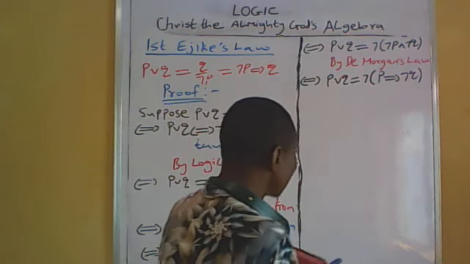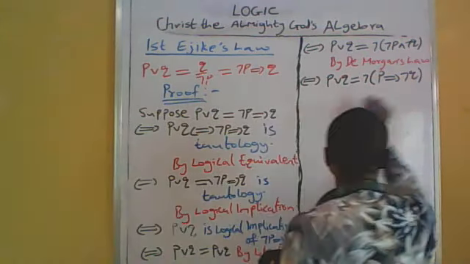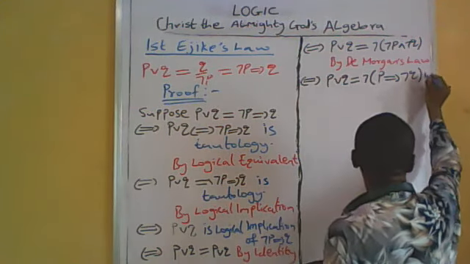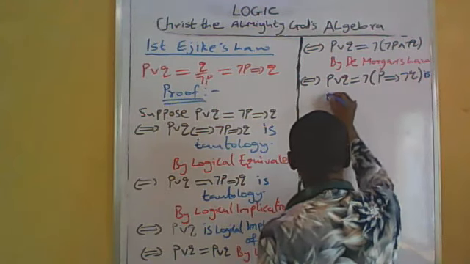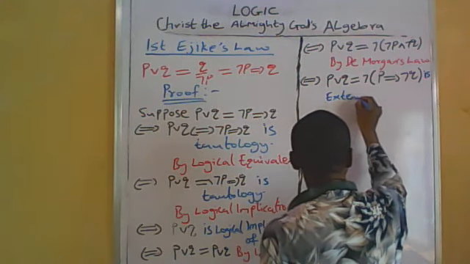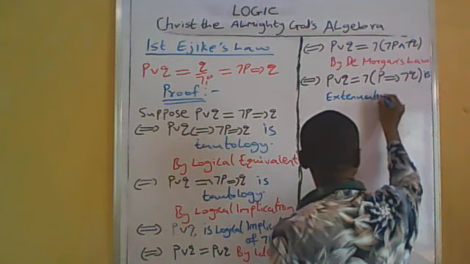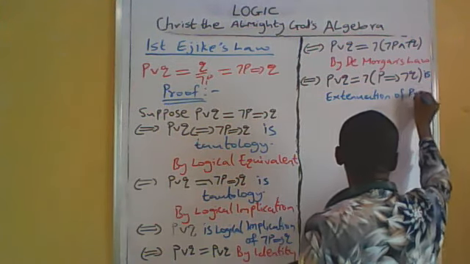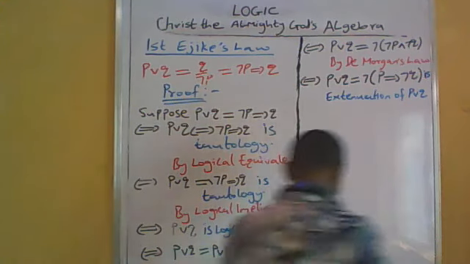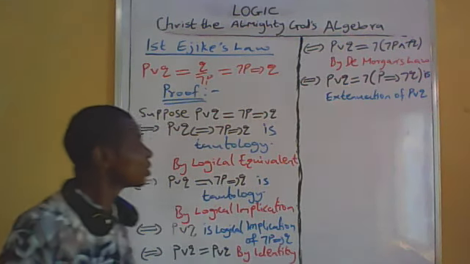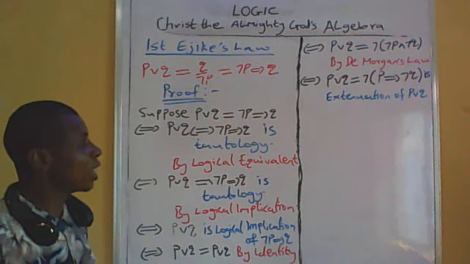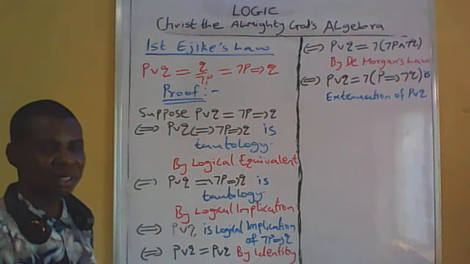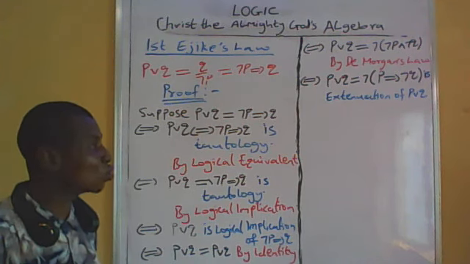So we call it extenuation of P or Q. That means not bracket P implies not Q is decreased in value, is microcosm.